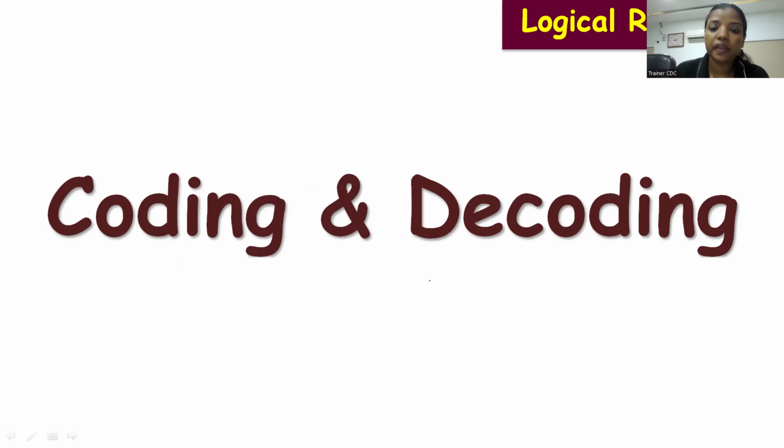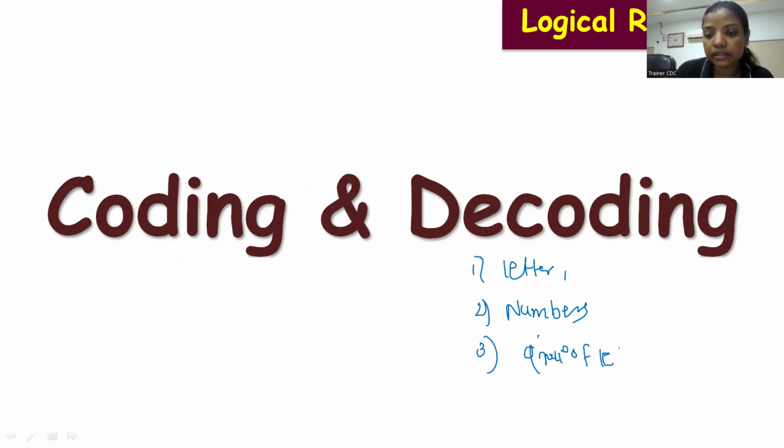So here in coding and decoding, we will be having different types of questions. So that different types of questions can be from letters, can be from numbers, then it can be from group of letters or group of numbers.